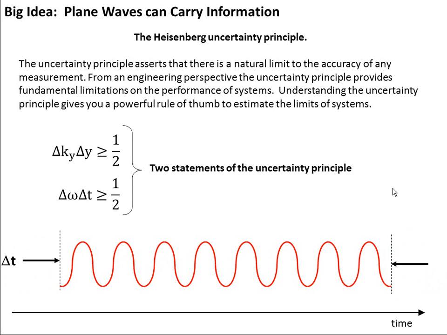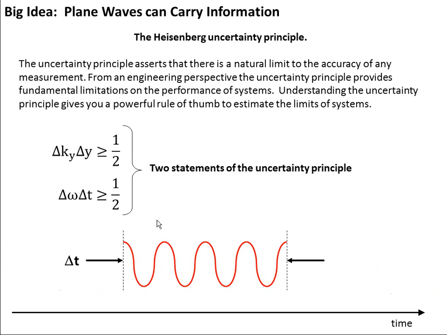But if I cut my time window down, now essentially I'm having to measure that point and that point. My measurement gets a little bit less accurate. Here we only really have 3 or 4 cycles we can measure over. My measurement becomes less accurate. I know my frequency less accurately because my time window is shorter.